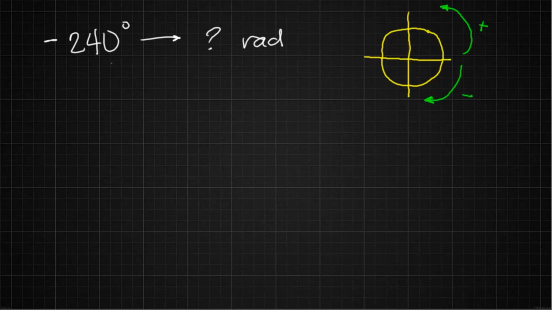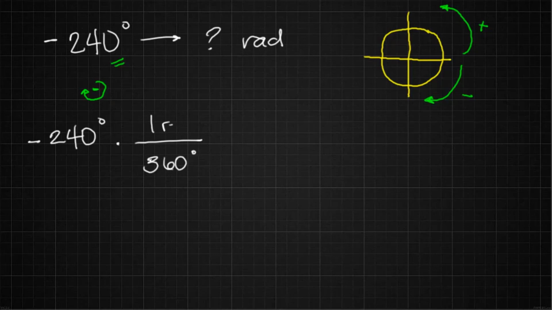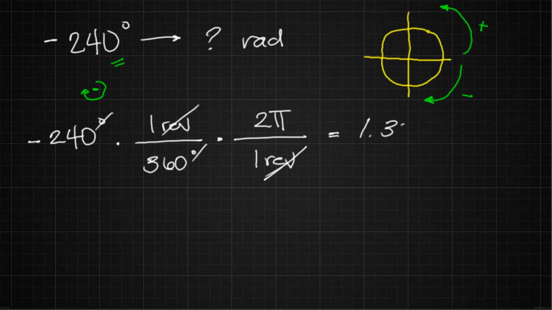So now, here negative 240, it denotes that the rotation is clockwise. Now the first factor is to convert degrees into revolution, and the second factor is to convert revolutions into radian. And degrees will cancel out and revolution will cancel out, and the unit of our final answer is in radian. Now solving, the answer would be 1.3333 pi radians.